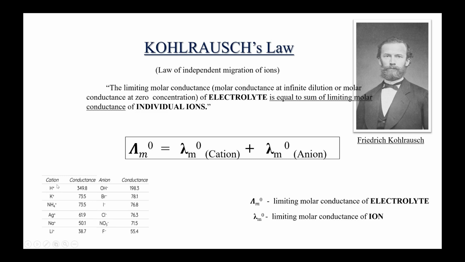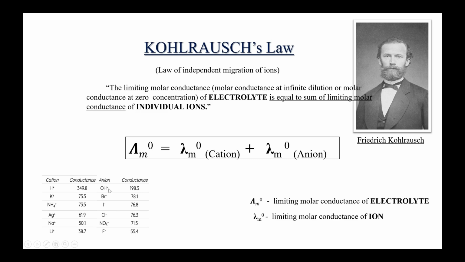Whether this H plus ion is coming from a weak electrolyte or a strong electrolyte, it is not going to affect the contribution of H plus ions. Similarly, K plus has a limiting molar ionic conductance of 73.5.